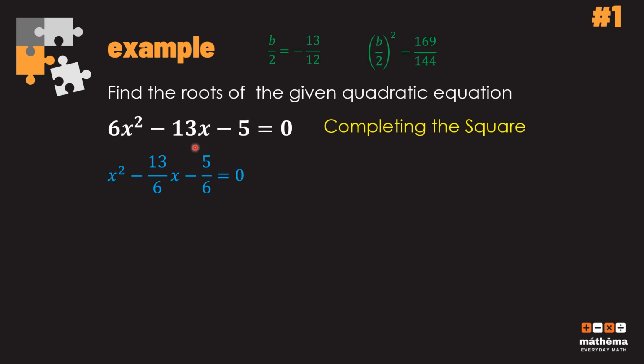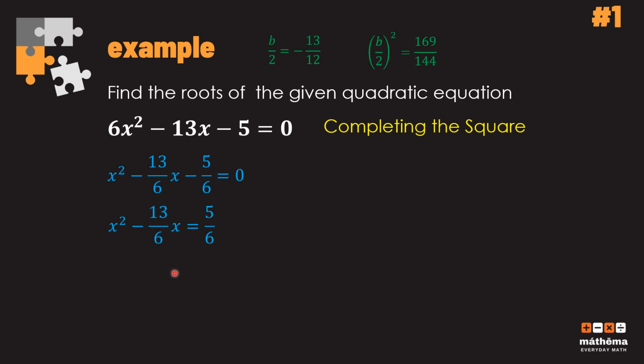Now, to complete the square, again, this is our new equation, right? When we divide everything by 6, what we are going to do here is add the value of b over 2 squared to our equation. And again, remember that is just equal to 169 over 144. I just moved the constant to the left side of the equation.